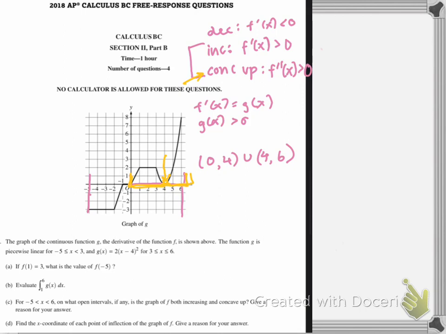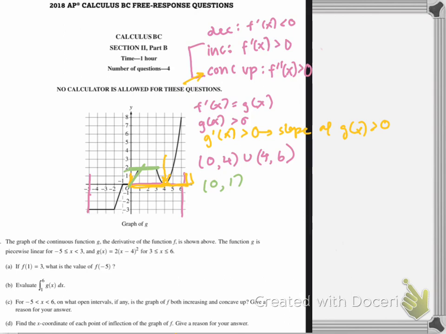So where it's concave up is where g prime of x is greater than 0, or rather the slope of g of x is greater than 0, or it's positive. So over here we got a positive slope. We have a positive slope from 0 to 1, and then when it flatlines, so I'll just write down 0 to 1, then it's a flat line with a slope of 0.